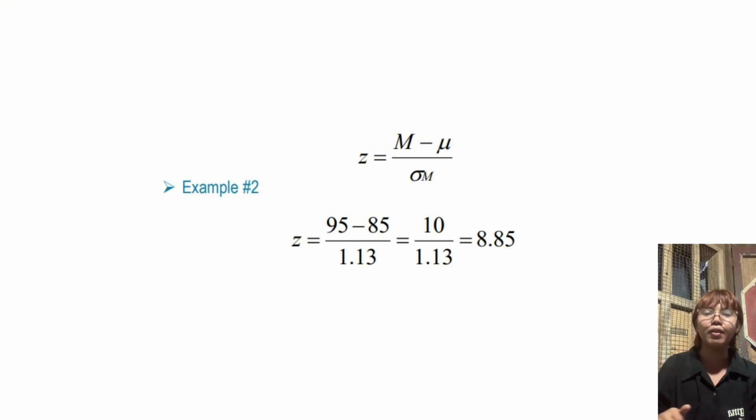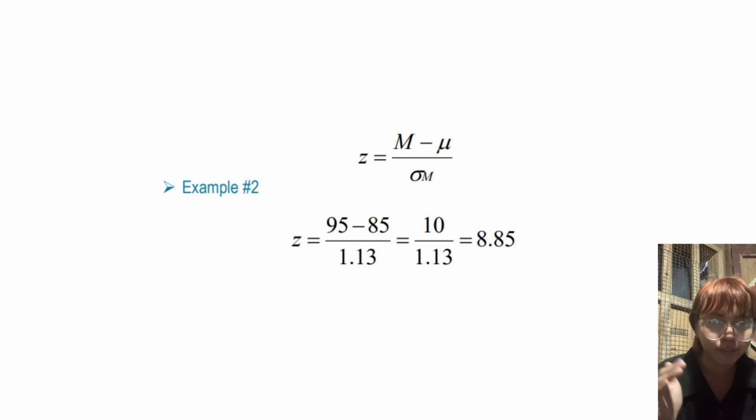Plugging these values into the z statistic formula, we get z equals 95 minus 85 over the standard error of the mean, which is 1.13, and that equals 10.